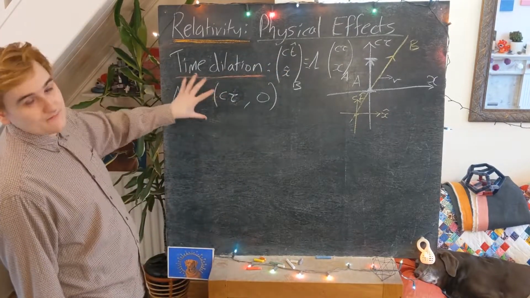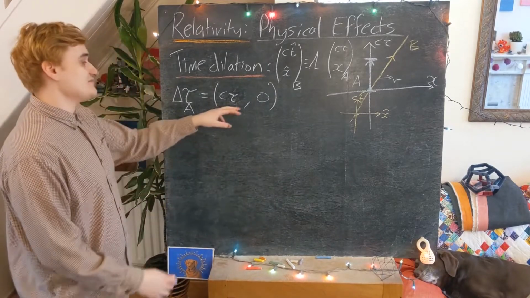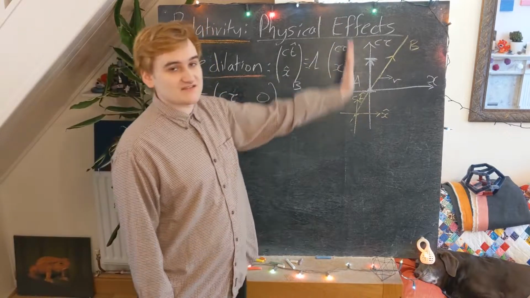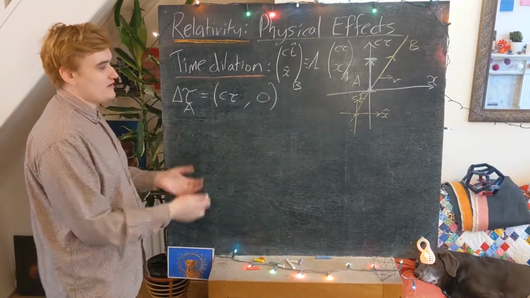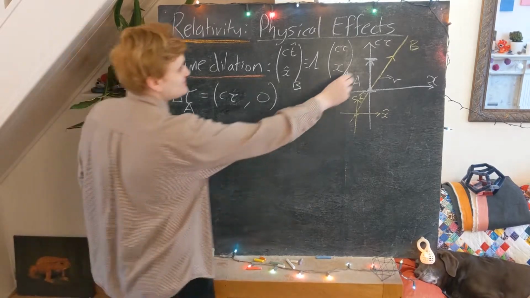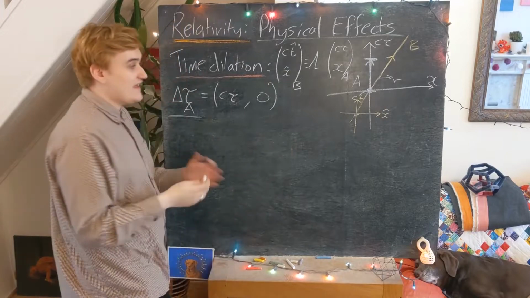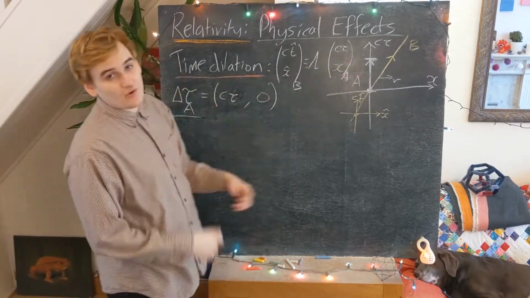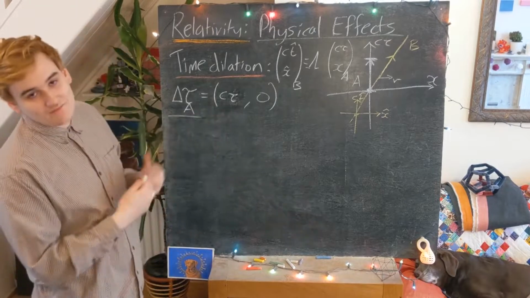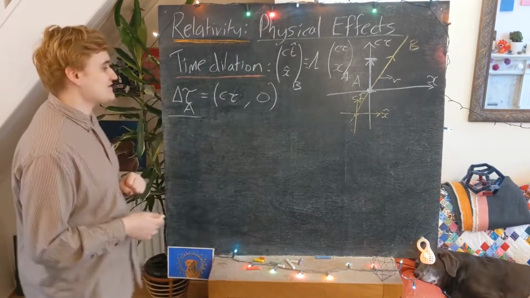So just so you're absolutely clear what I mean by this, I'm looking at the coordinates of a point in the A frame, a point that just simply lies on the tau axis, and then I'm assigning to this point the value of the interval from the origin to that point. The value of proper time is just going to be the value of that point, because it's just measured along a single axis.